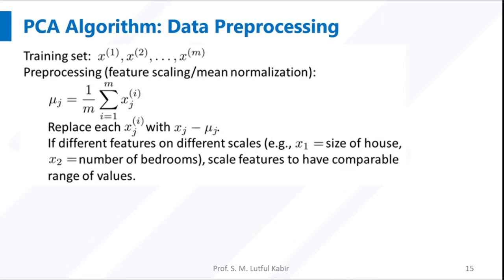For example, xj should be replaced by xj minus mu j divided by sj, where sj is the range of that feature. If the house size ranges from 0 to 2000 square feet, then sj should be 2000. That means xi will be within the range of -1 to +1 or -0.5 to +0.5.